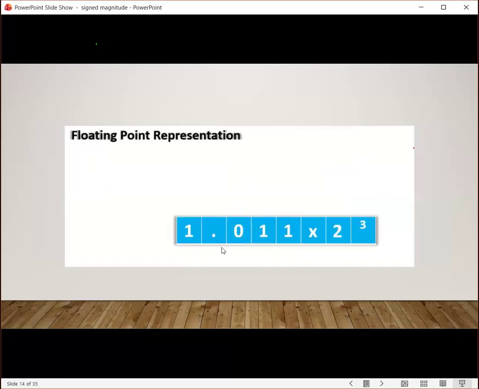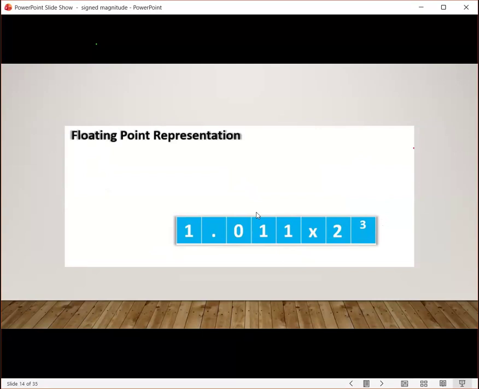Now in floating point representation, even in binary, if we wanted to represent the same value, we represent it like this. This is the significand or mantissa, the base in binary is 2, and the exponent is 3.